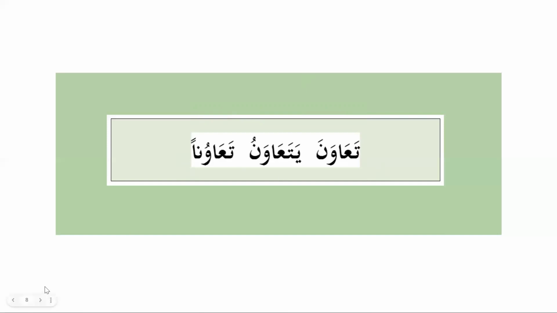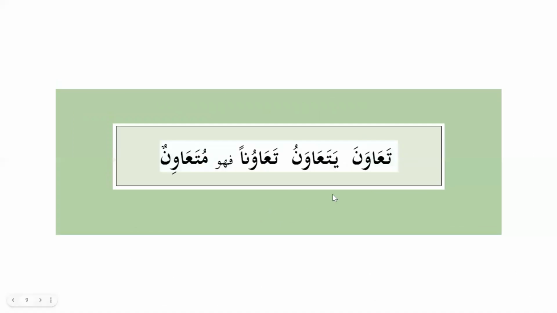Now we are moving on, this is the same first line, but now we have the addition of ism fa'il, the one who does the action. So ta'awana yata'awanu ta'awunan fahuwa muta'awinun.